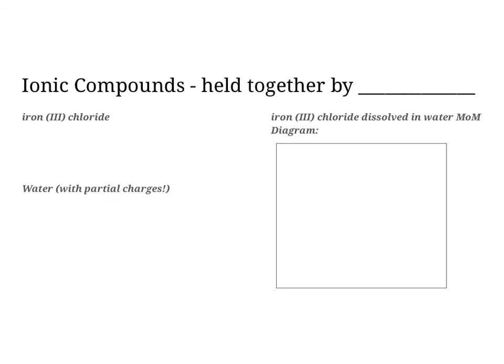Now, remember, ionic compounds are held together by ion-ion intermolecular forces of attraction. And what that really means is that the electrons are transferred from one atom to another to become an ion.